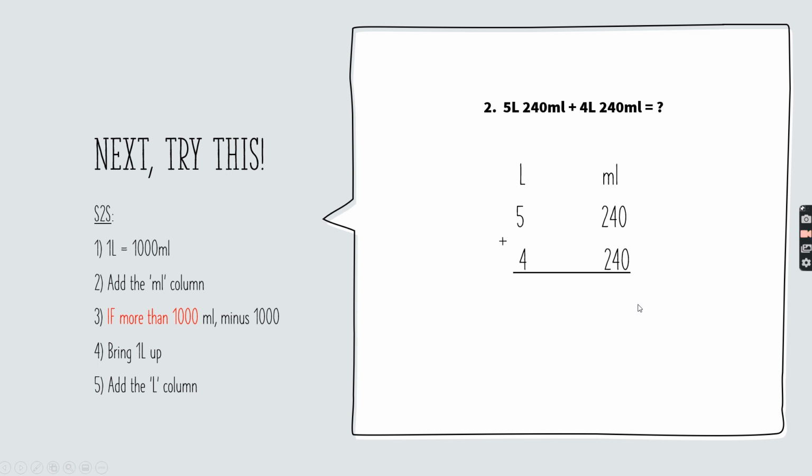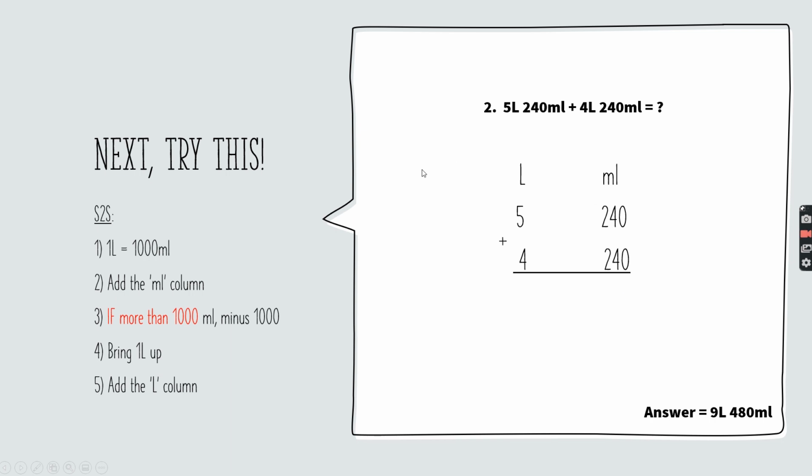If it's more than 1000, then you need to minus. If it's less, then it can just stay right here. If it's less, you don't need to add 1 here. You just add this up as usual. Your answer should be 9 liter 480 milliliter.